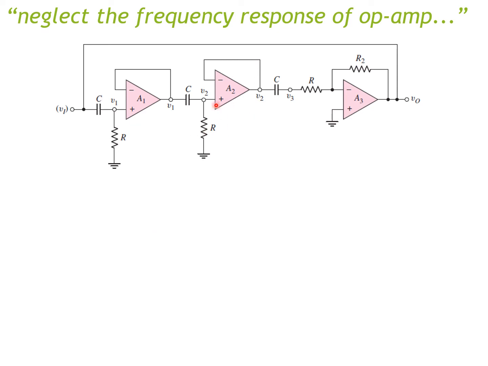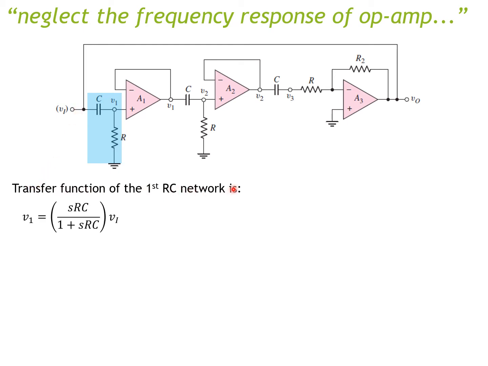So next I want you to derive a transfer function for each RC network, starting with the transfer function for the first RC network. I'm just going to skip through all of the magic rearrangement. We're going to have the transfer function V1 over Vi, which is the voltage at this point over this voltage, equal to sRC over 1 plus sRC.